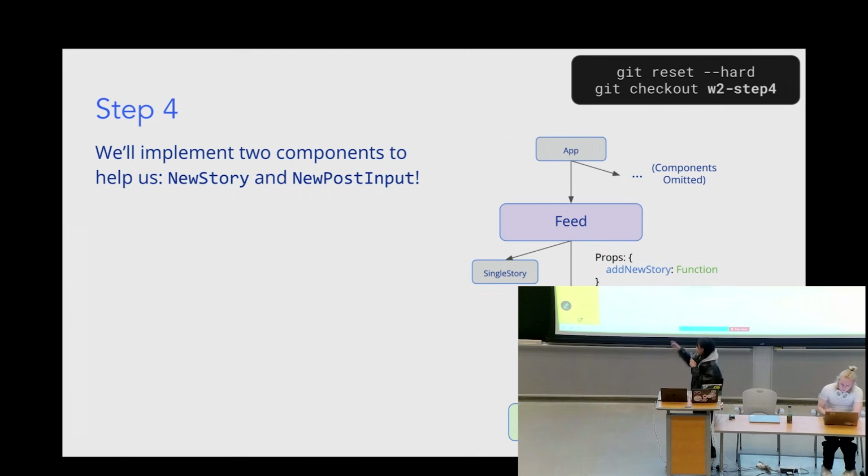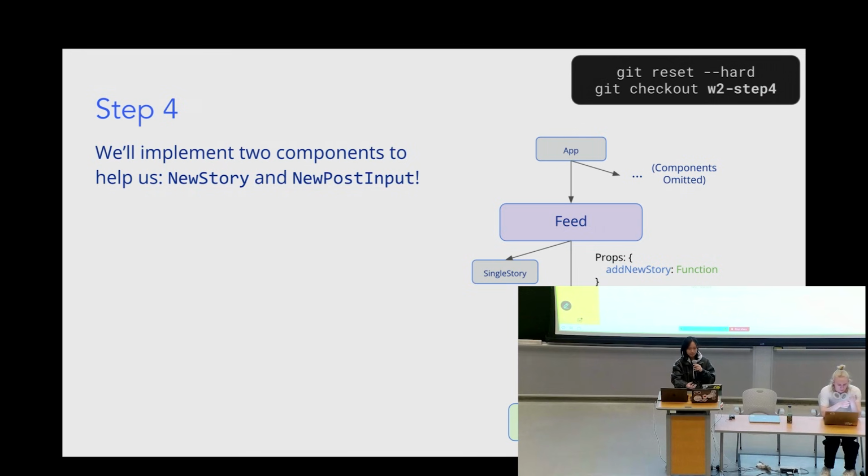So whatever they type in that box up there, we're going to be getting that from the new post input component. And then if you remember from yesterday's lecture, we're able to pass down callback functions as props. So that component is going to call a callback function to send that user input up into the new story component. Now this new story component is going to use that user input to make a story object with that specific content we want to submit.